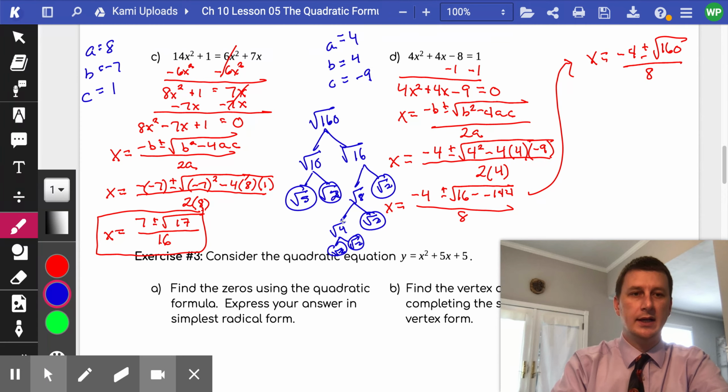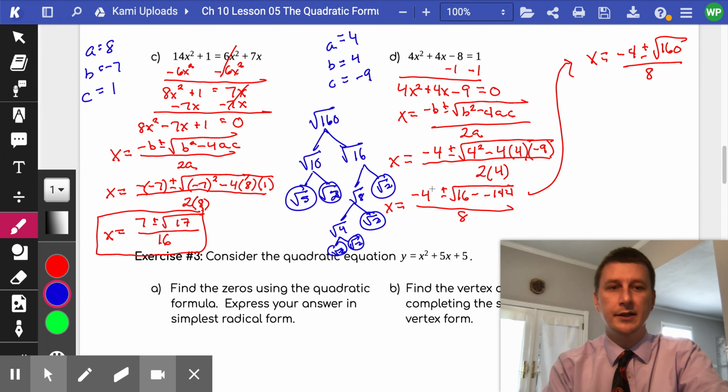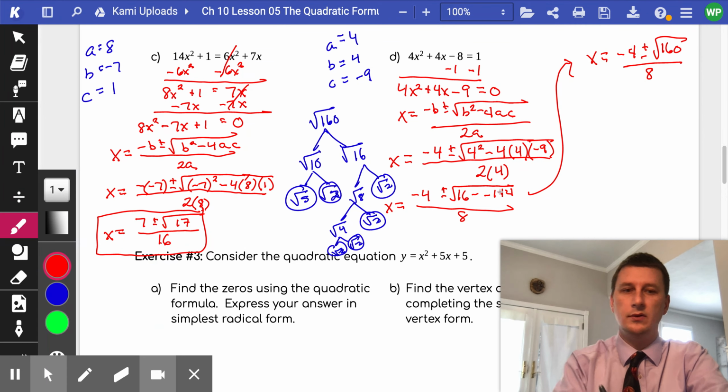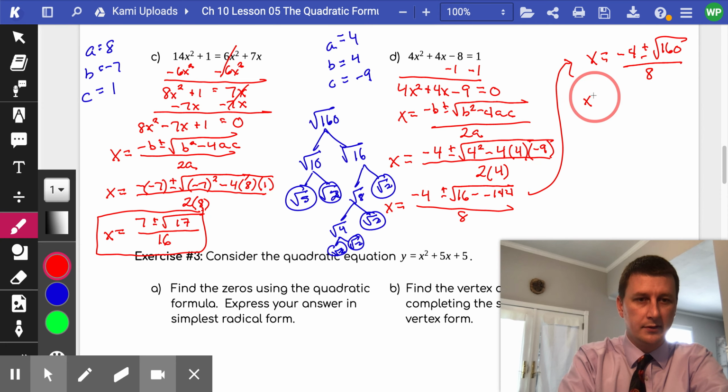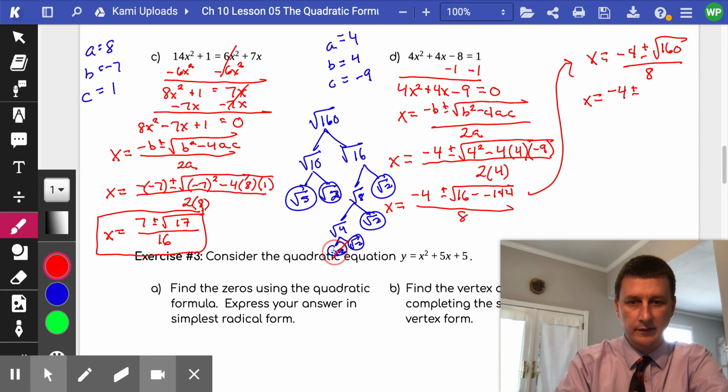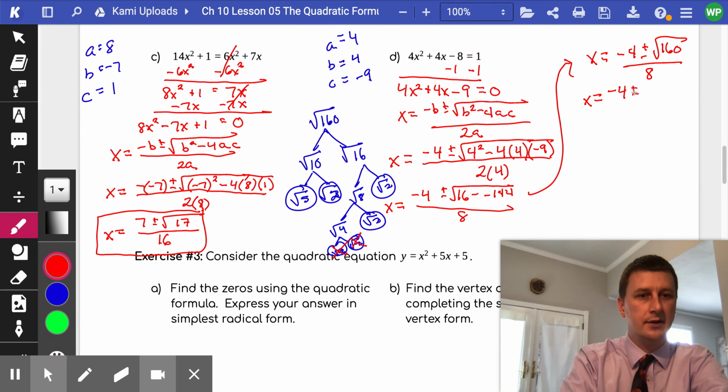Okay, now to simplify this radical, I'm going to go back to this side over here, and I'm going to recopy x is equal to negative 4 plus or minus, okay, what do I have a pair of? I have a pair of 2's down here. I'll cross off two 2's, write one 2 on the outside. I've got two more 2's. I'll cross off two 2's and write another 2 on the outside.